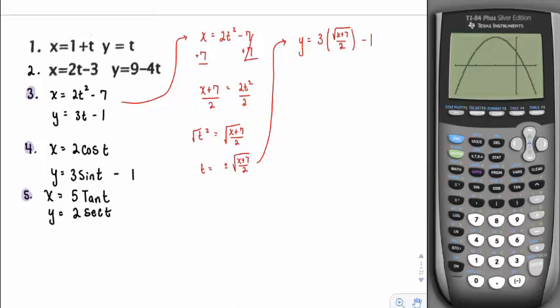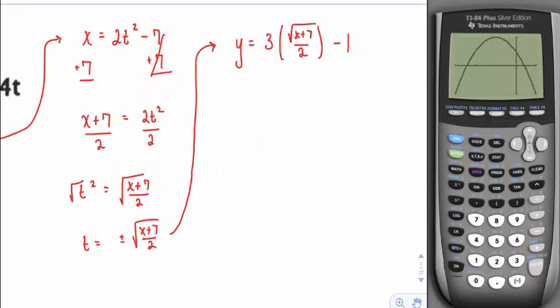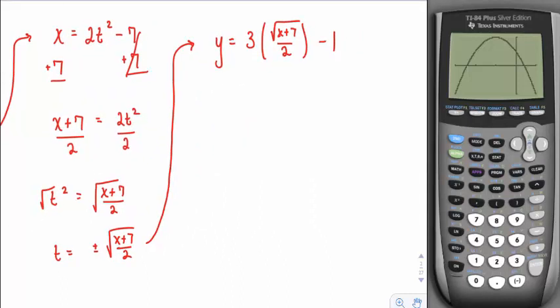I'll start with that one, and as we solve it, I'm going to zoom in just a little bit right there. This may seem scary. I mean, it's not so bad, it's just algebra, but this is 3 halves times the square root of x plus 7 minus 1, and that is a radical function. You can solve for x and make it a parabola if you need to, but this is a radical function.